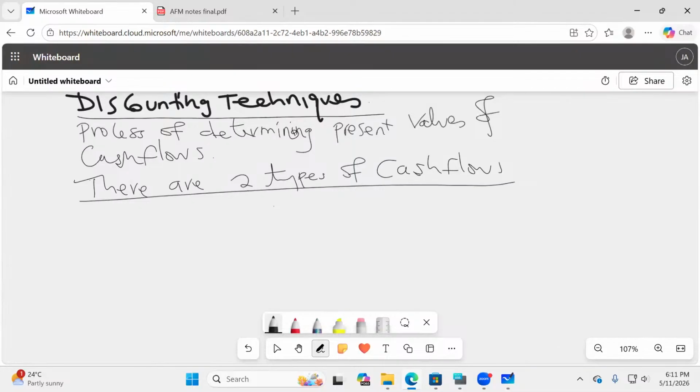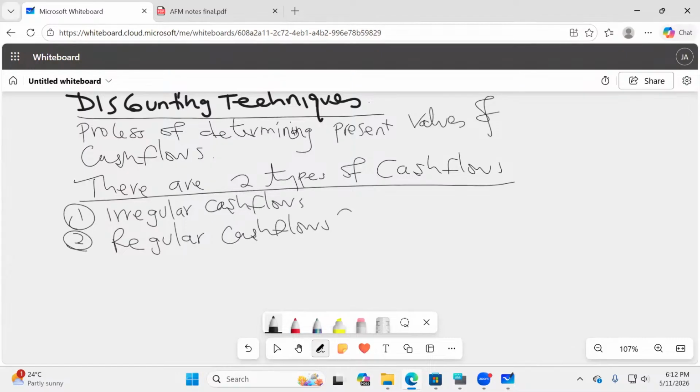Number one, we have irregular cash flows. And then number two, we have regular cash flows. These are also the ones we call annuities. So there are two types of cash flows: number one, irregular, and number two, regular.